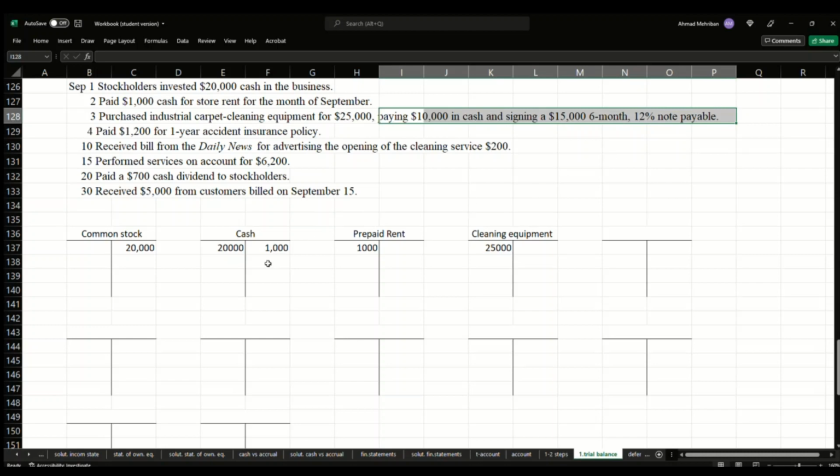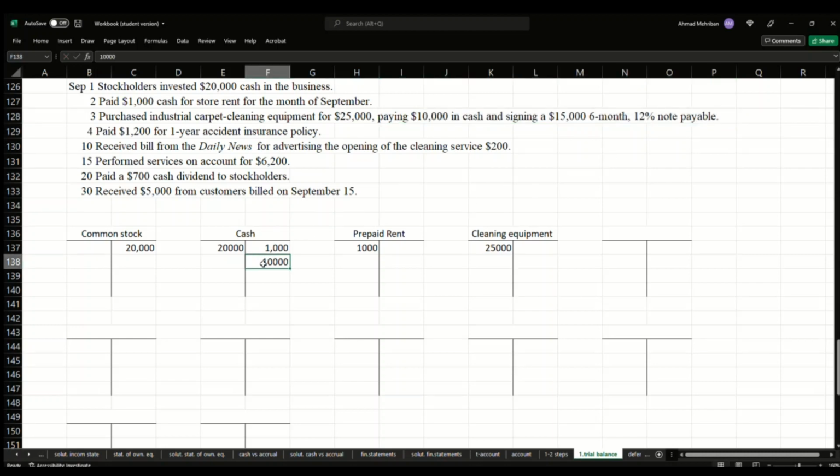The part that we paid in cash, we credit 10,000, and we add a note payable. Note payable is a credit entry of 15,000. That's our liability. If you look at it, the credit side entry is $25,000, whereas the cleaning equipment purchase is a debit of 25,000.